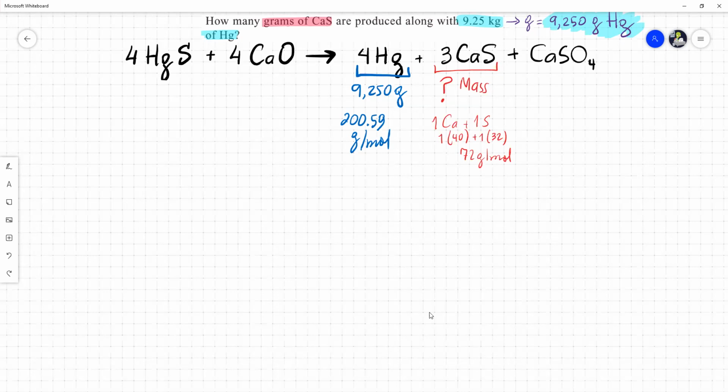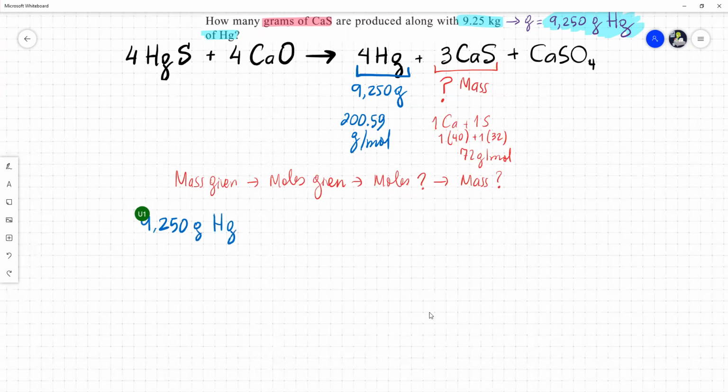Now I do my path, and I know that this is from mass given to moles given, from moles given to moles unknown, and from moles unknown to mass unknown. Okay, I do it like that because it's faster. So I begin with my information, with my given. So it is 9,250 grams of mercury.